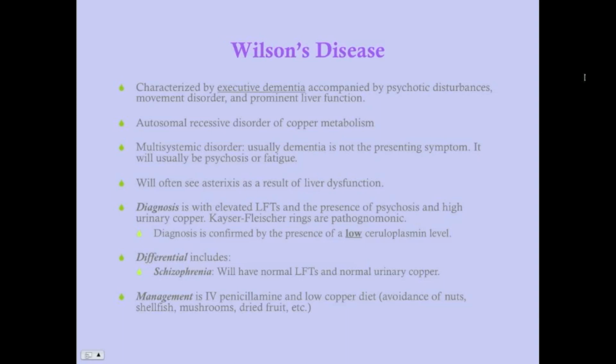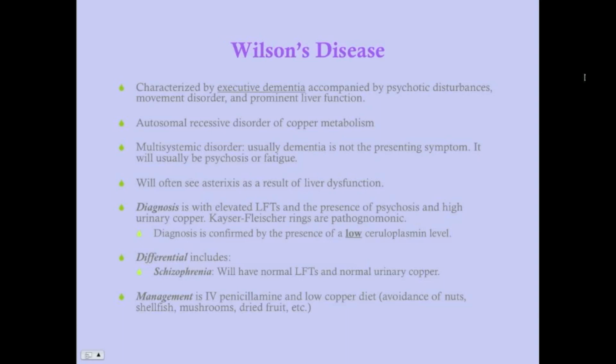And so for the diagnosis of Wilson's disease, you're going to have a patient that's got very elevated LFTs. The patient is often going to have the presence of psychosis, and they'll uniformly have high urinary copper. These patients can't bind their copper because they don't have ceruloplasmin, so their copper is free and it gets filtered through their kidneys and they urinate it out.